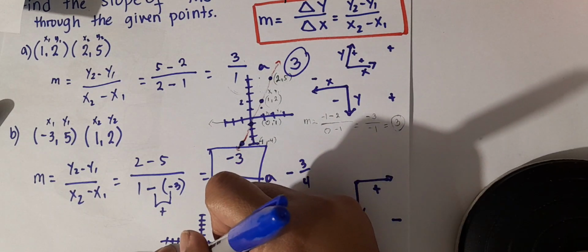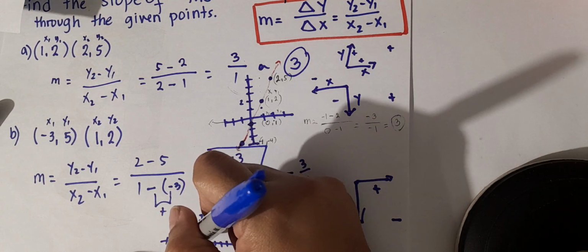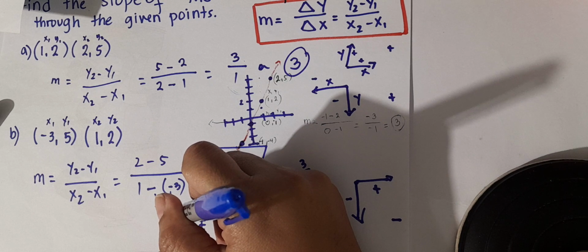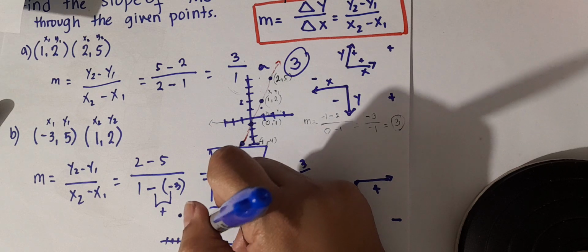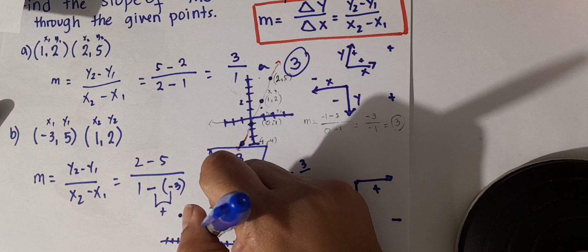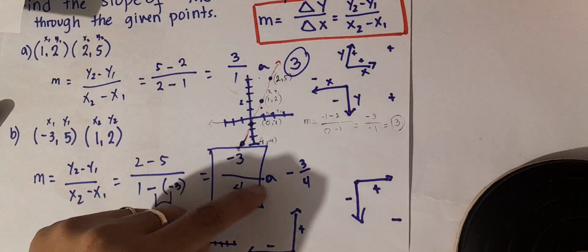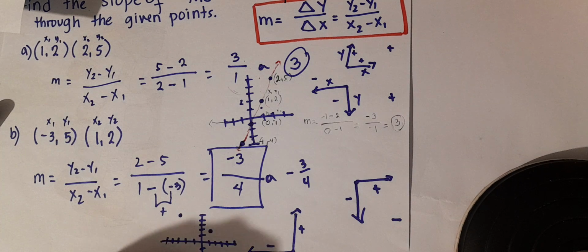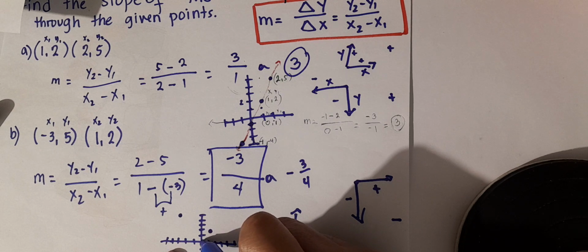So 1, 2, 3, 4, 5. But this is negative, so it should be on top. So negative 3, 1, 2, 3, negative 3, and positive 5. So it's here. And then 1 and 2. So positive 1, positive 2, it's somewhere here. So we can make another point using this one. So negative 3, positive 4. When negative 3, we can go down 3 times. So start from here, which is 2. So 1, 2, 3.